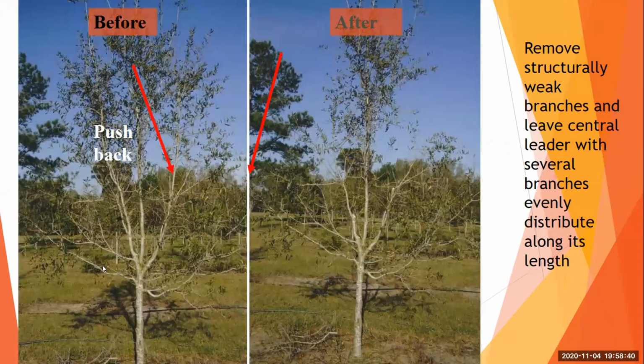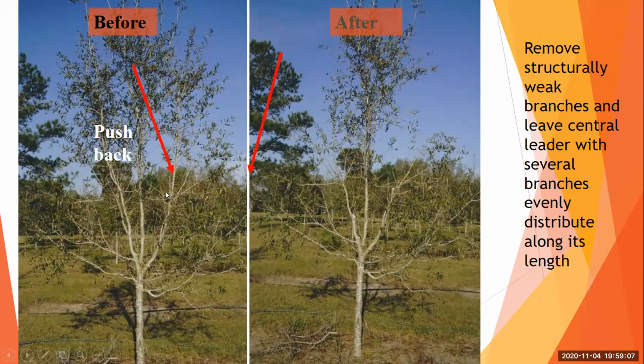All right, so you have this tree, this is a live oak before pruning, and you have the tree after pruning. When you have this tree with no pruning, you're going to see this could be the main leader, and these branches are competing with the main leader. So basically, you want the leader to be the stronger, the taller, and the bigger one.